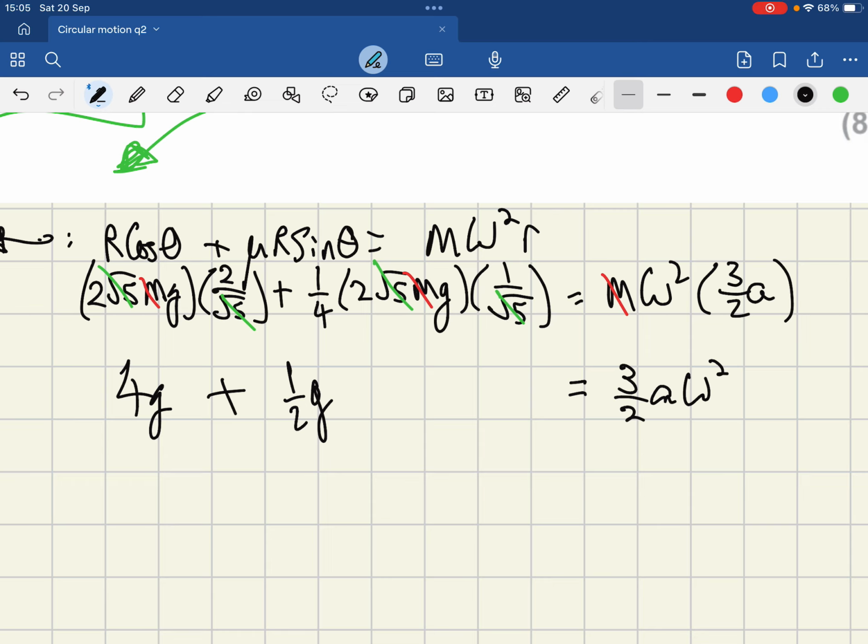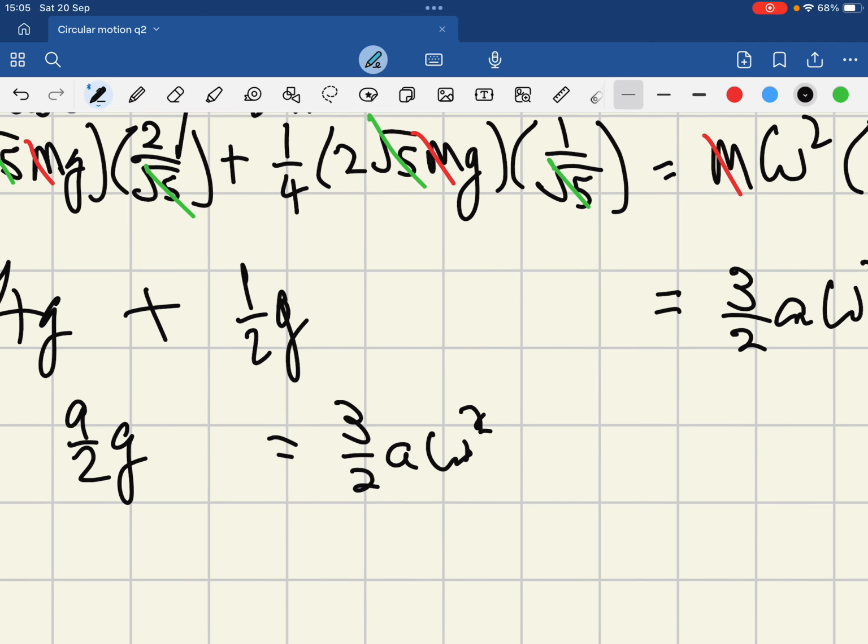Almost there then where we need to be. So 4g plus 1/2 g, this should be 9 over 2 g equals 3 over 2a omega squared. That might be the worst omega ever.